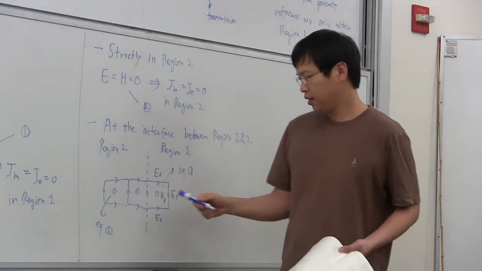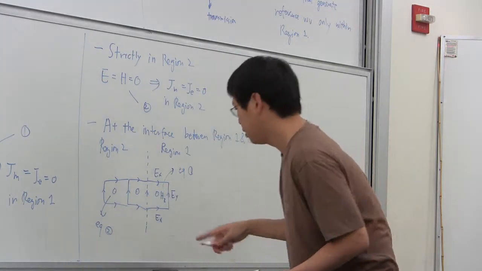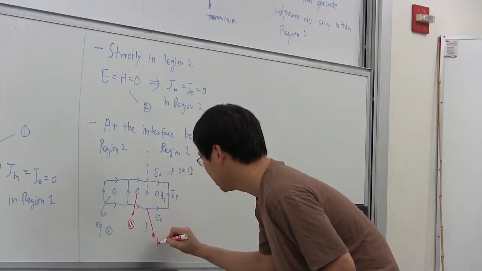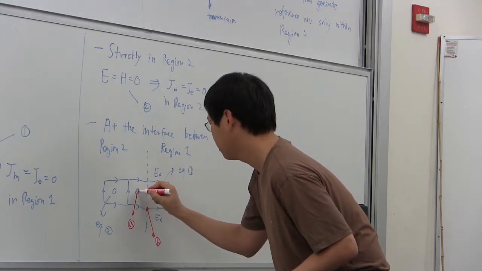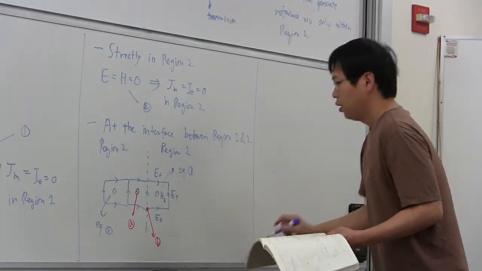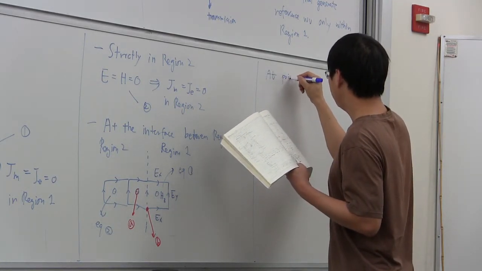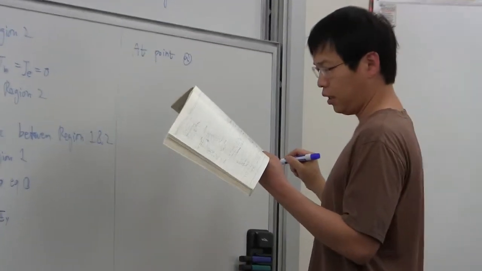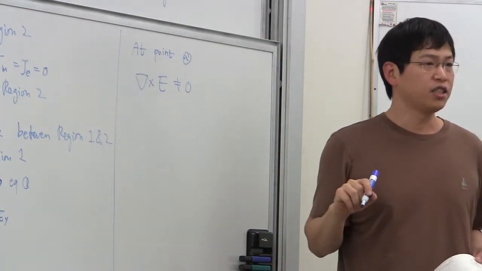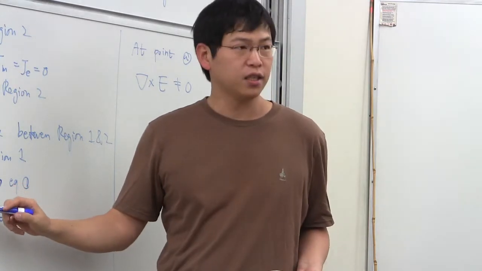But in this cell, let's denote this point as point A and this point B. At point A, your curl is not 0.